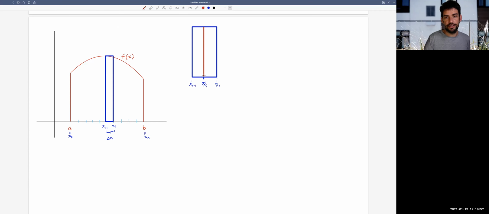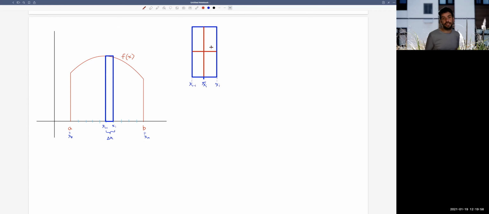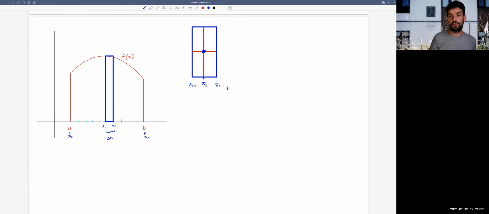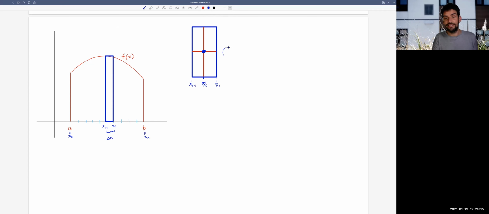This rectangle is symmetric over a line cutting it in half horizontally and a line cutting it in half vertically. So its center of mass must lie on these two lines, right in the center of this rectangle.